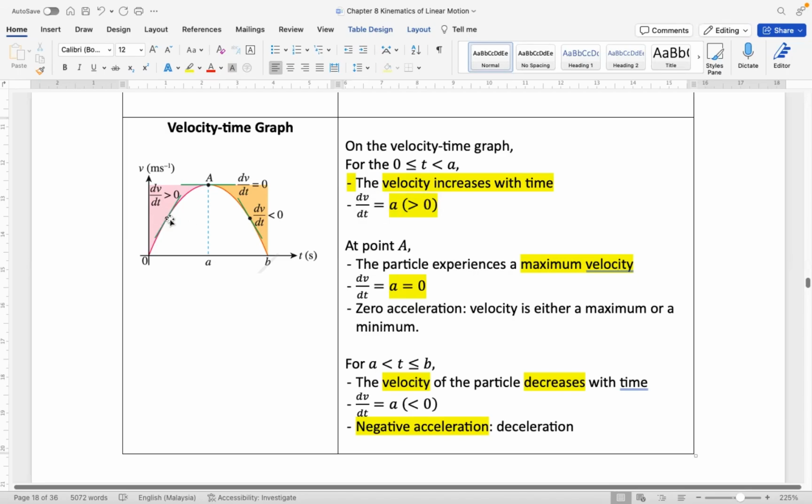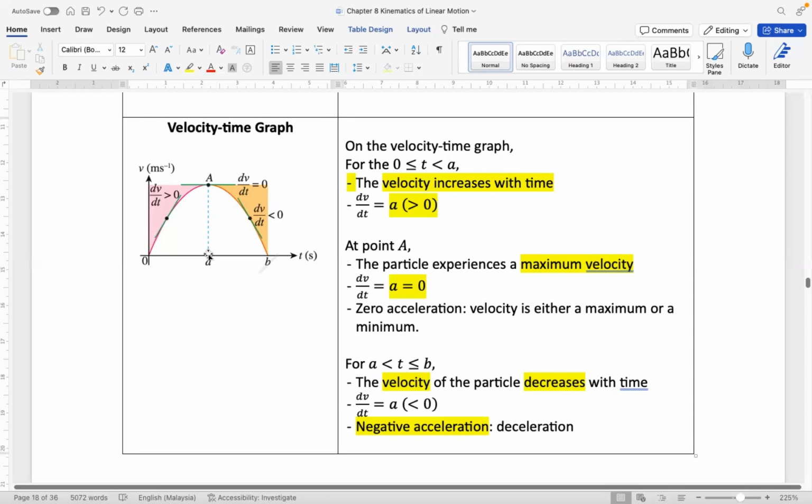If you plot a point on this part of the curve, we notice that the tangent line of this point slants to the right. That means dv/dt is greater than 0. dv/dt is actually a, so a is greater than 0. So we can conclude that when you see velocity increases with time, acceleration is greater than 0.